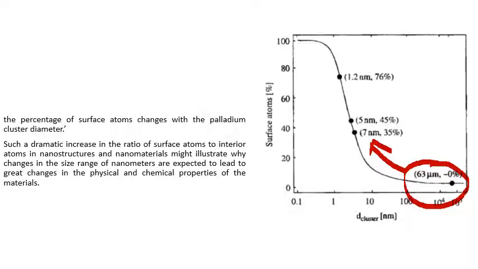As we reduce the size to 7 nanometer, this will increase the participation to 35%. If we reduce to 5 nanometer, this will move to 45%, and so on.